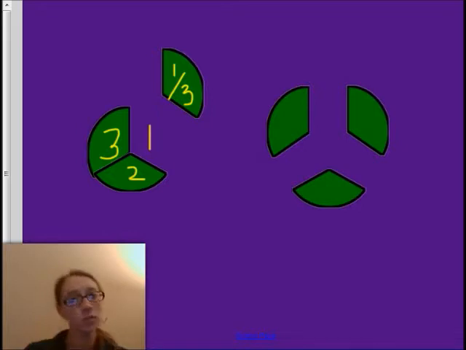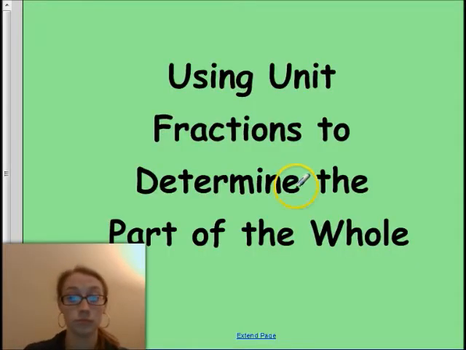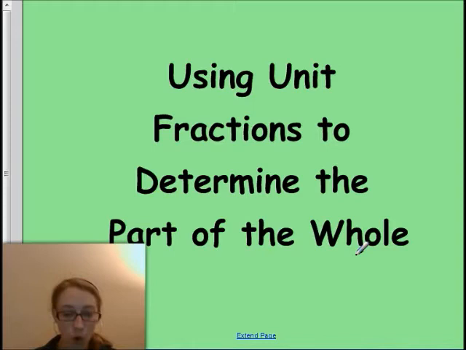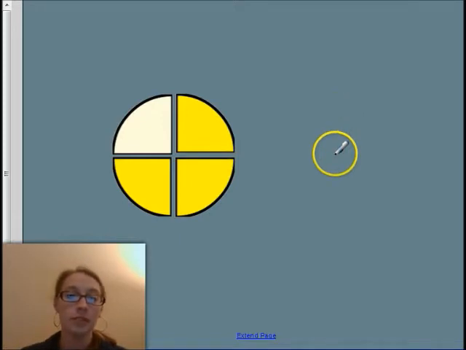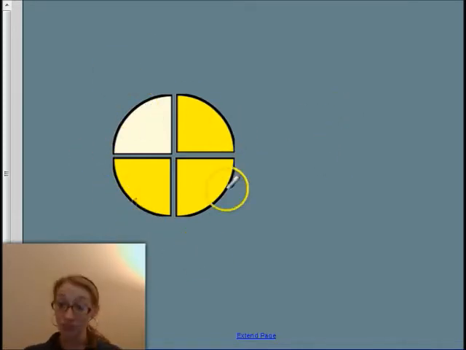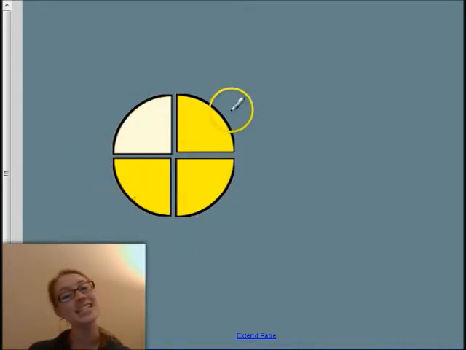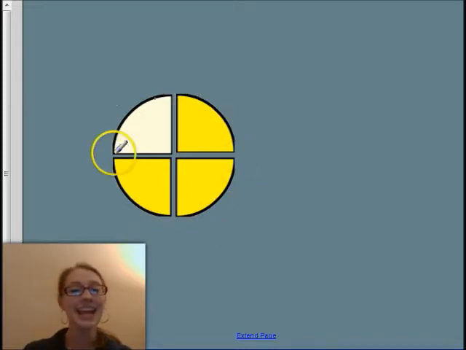Well, let's take those unit fractions and turn them into real fractions now. We're going to use our unit fractions to determine the part of the whole that's shaded, or colored. Alright, so here we have our beautiful cheese again. Nice, pretty cheddar cheese. And it is divided into 4 parts.